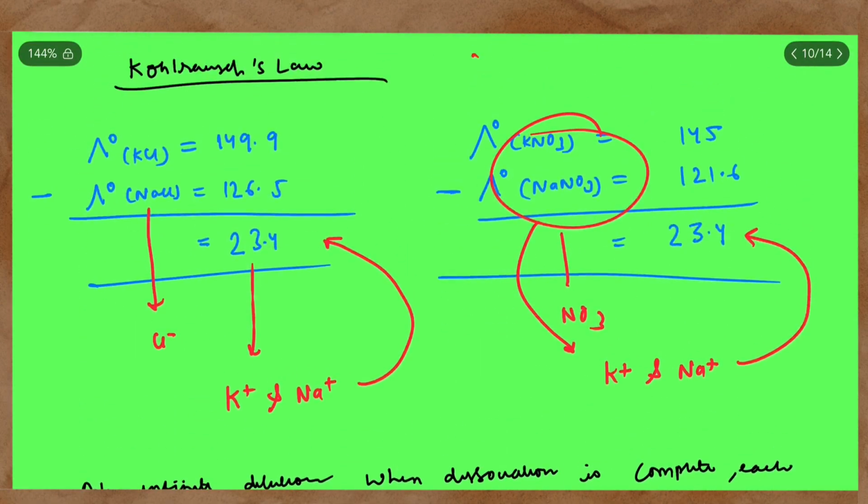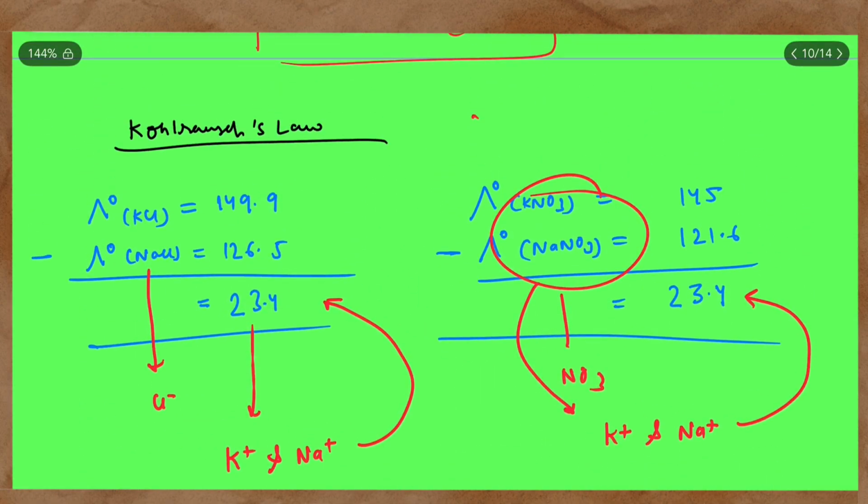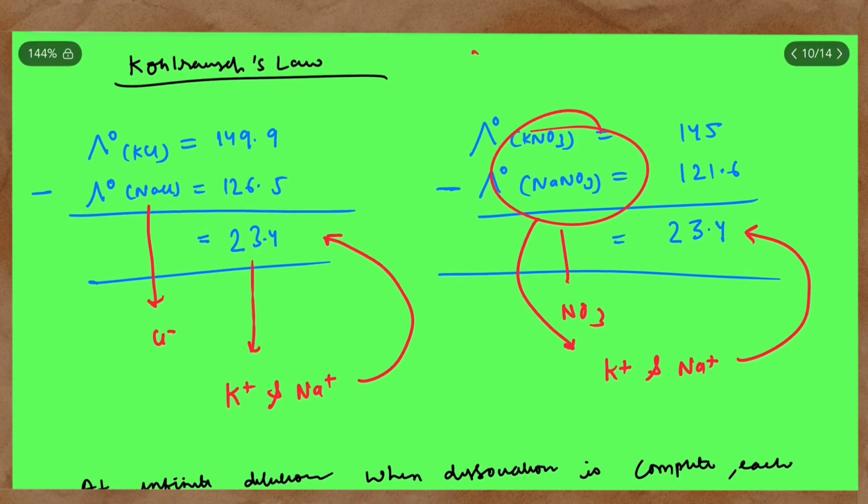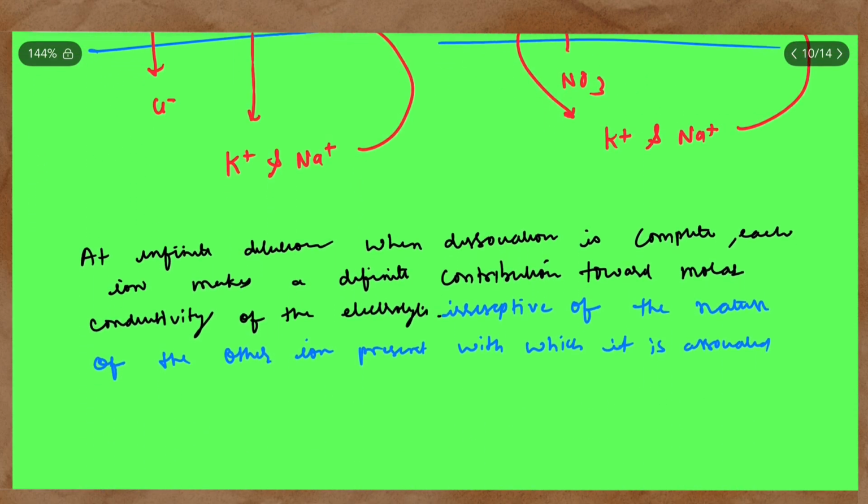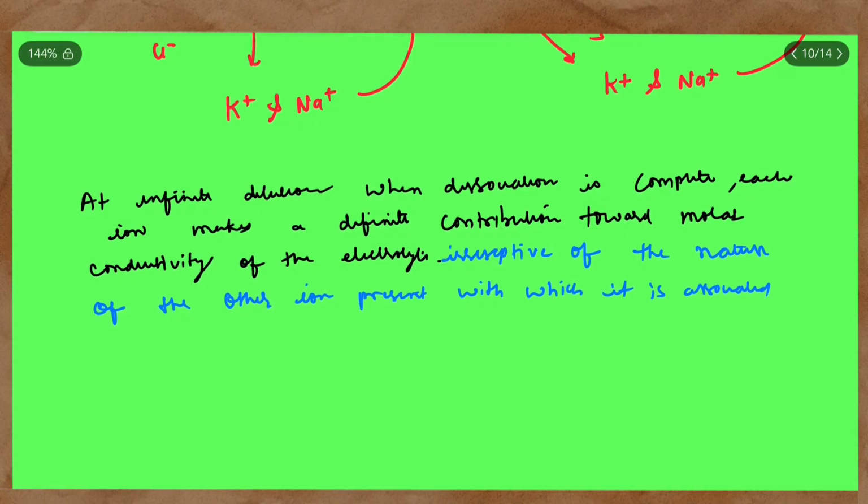So that is the concept. In the first case we have KCl, but in the second case we have nitrate ion. So it doesn't matter what type of anion is present, what type of cation is present, or how the ions are bound. The nature of the other ion basically doesn't matter. All the ions have some contribution, and that contribution is fixed for that particular ion.